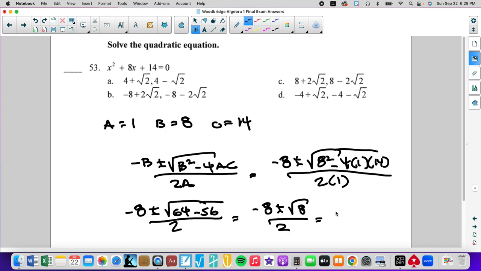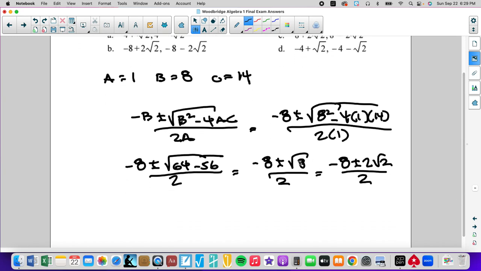You can simplify rad 8 to plus or minus 2 rad 2. Go find a video of mine that shows how to simplify radicals. We look for perfect squares. This is not a perfect square, but we can simplify it if it has perfect square factors. 4 times 2, square root of 4 is 2. That's why it became that. And now we have to simplify this because each one has a common factor of 2.